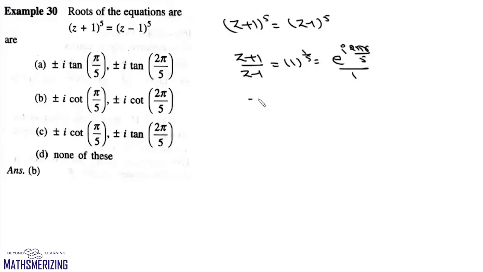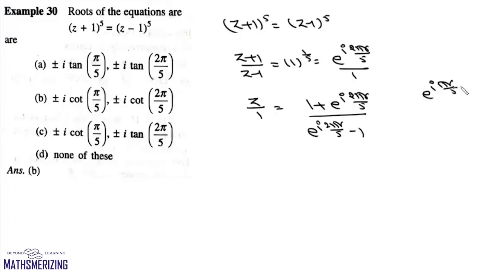So we'll get z upon 1 as 1 plus e to the power iota 2 pi r by 5 upon e to the power iota 2 pi r by 5 minus 1. Now what we'll do is, on the right hand side, we'll divide numerator and denominator by e to the power iota pi r by 5.